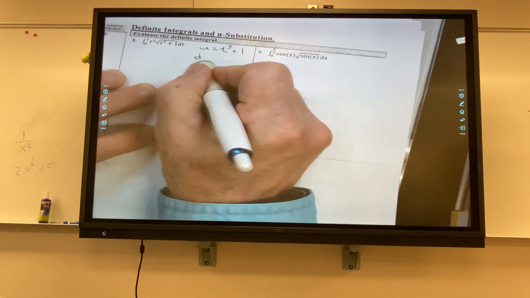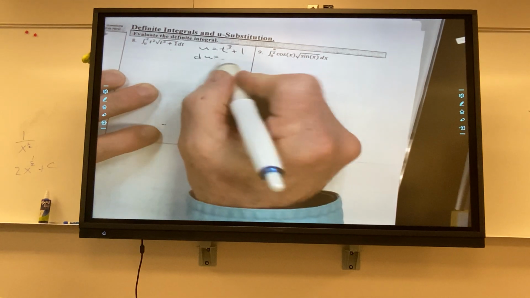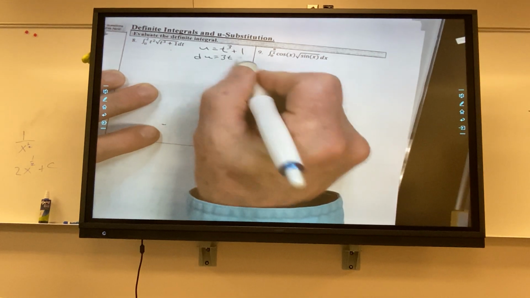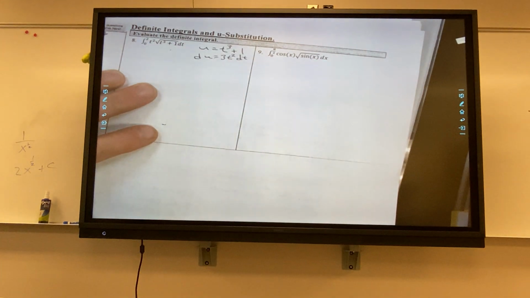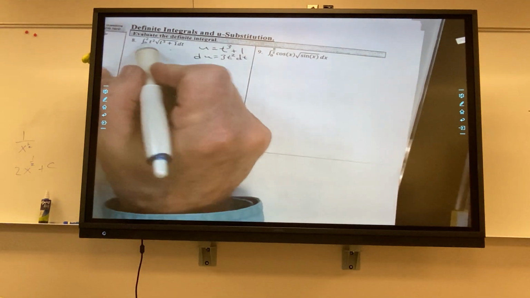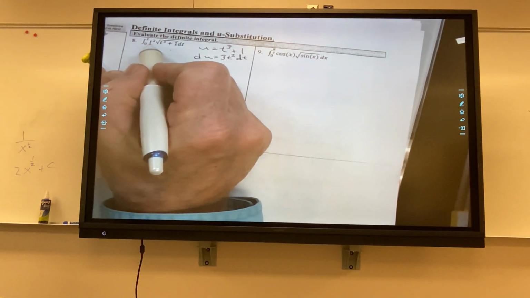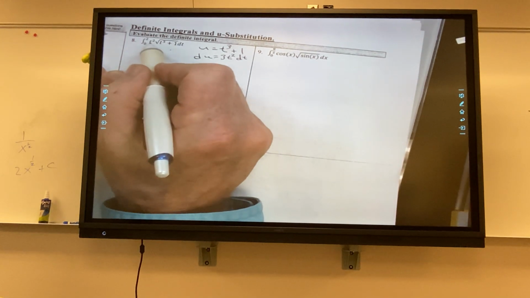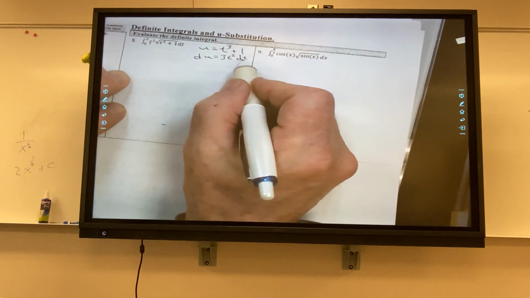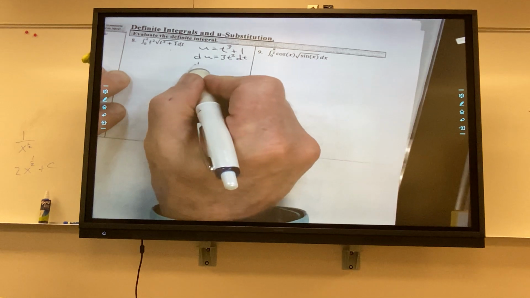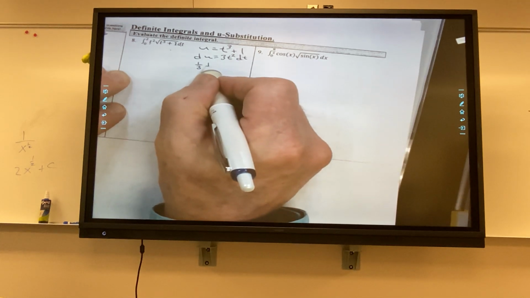Callan, du is equal to what? 3t squared dt, right? I don't have any x's in there, all right? And I see a t squared, don't I? So I have a t squared dt, except I gotta write it this way. 1/3. Yeah, we put a 1/3 on the outside.